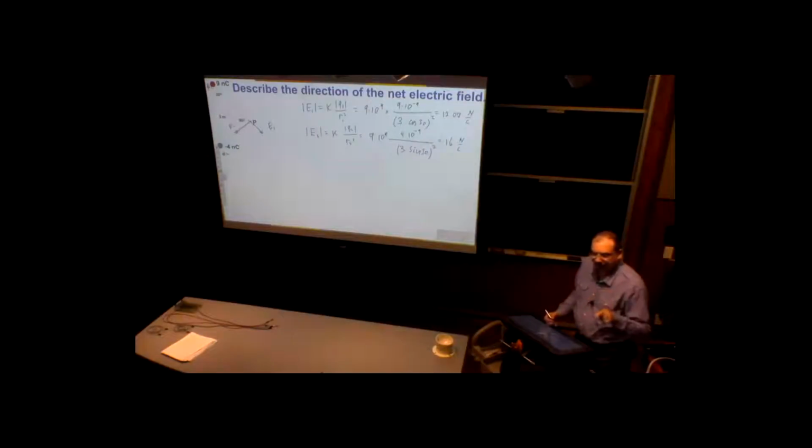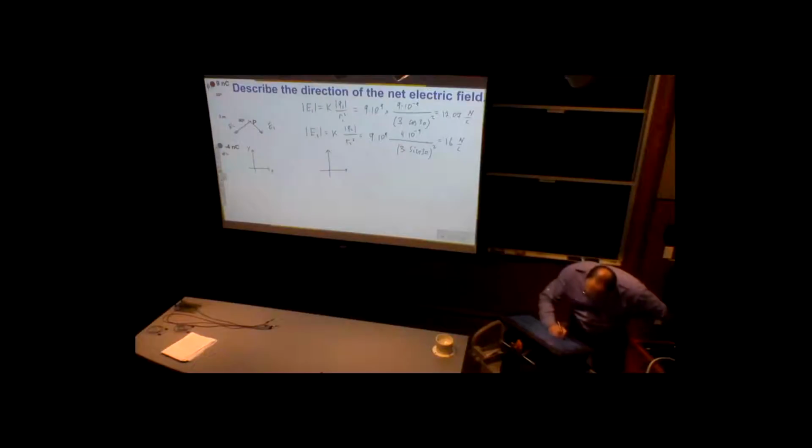Each vector has components. But to do components, I need to introduce the reference frame. And actually, it's kind of handy to introduce it twice for each vector individually. For example, this vector E1. We know how long it is, 12.07.